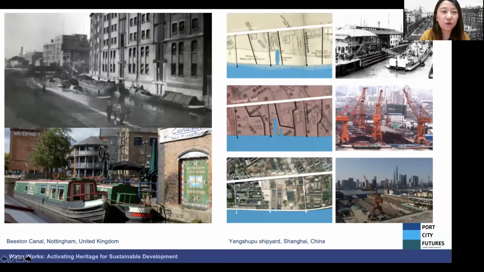Maybe the one important thing is that because of the opening of these historic structures, the water underground is largely polluted when there's no new covering over it and when it is abandoned. And here we can see from a larger scale, in both cases, one in China and one in the UK, the changing riverbanks in history.